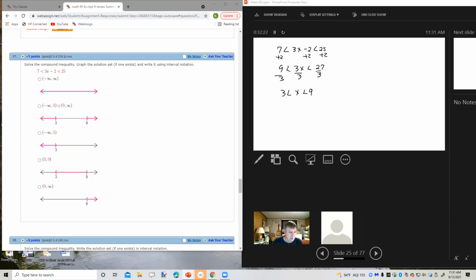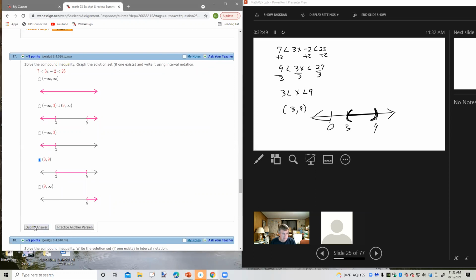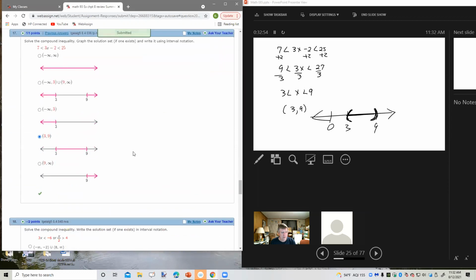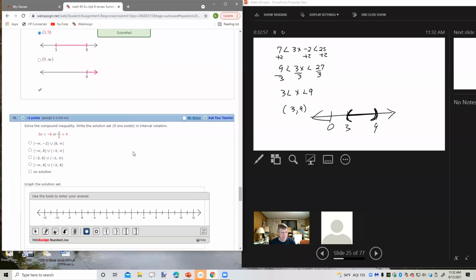Okay, so interval notation would look like that, and the graph, let's see here, would look like that. So it looks like this one is the correct choice. Okay. Going on.